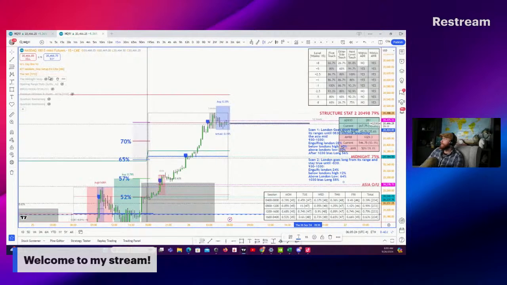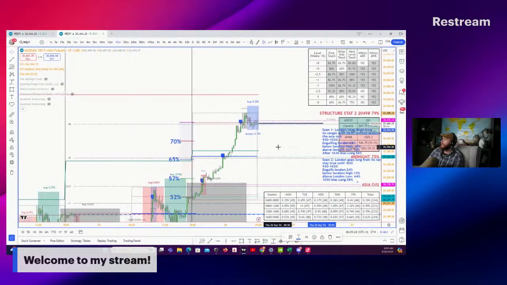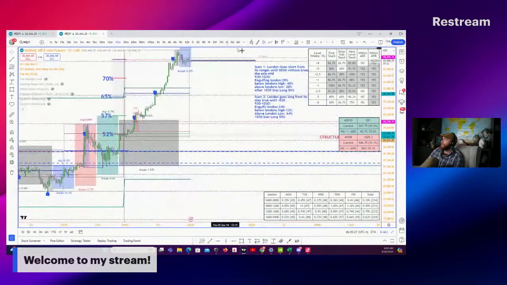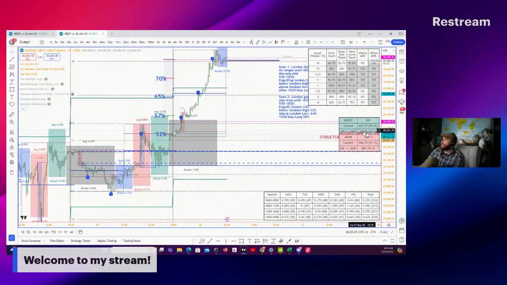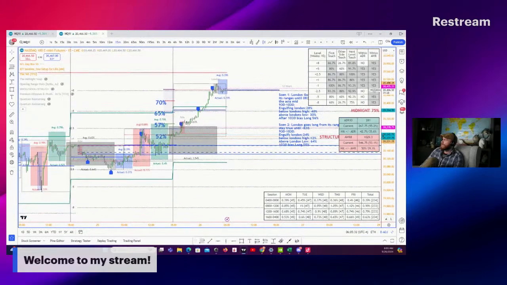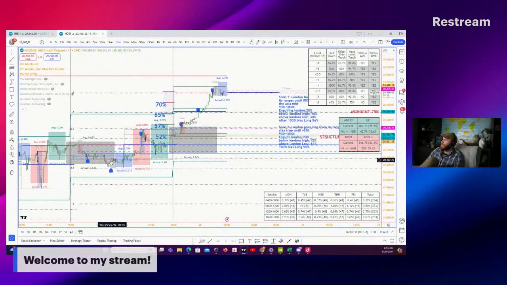But for now, we're going to put the VET indicator on. The VET indicator has the standard deviations we're going to use. And since this has a probability, all right, this is wild. I love days like this.